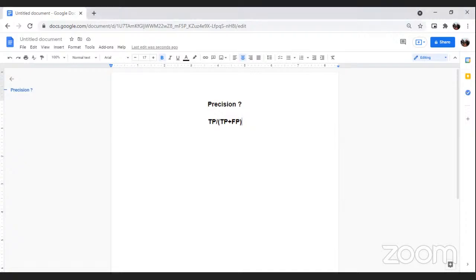This can be derived from true positive divided by true positive plus false positive.